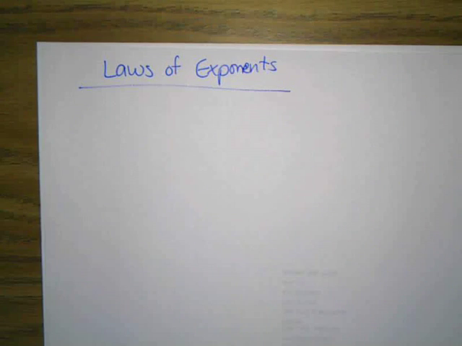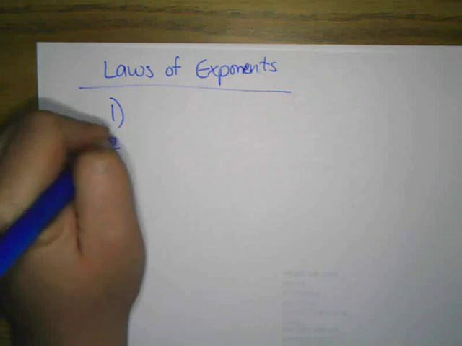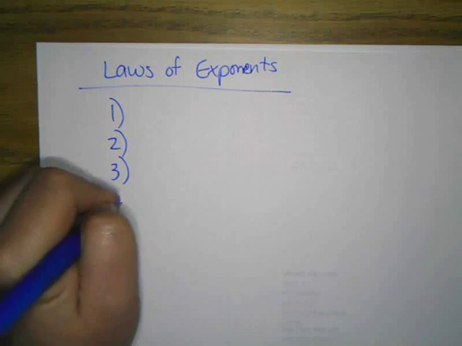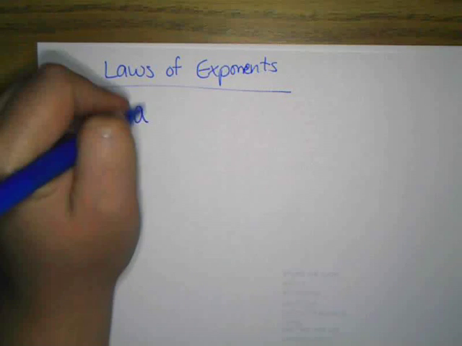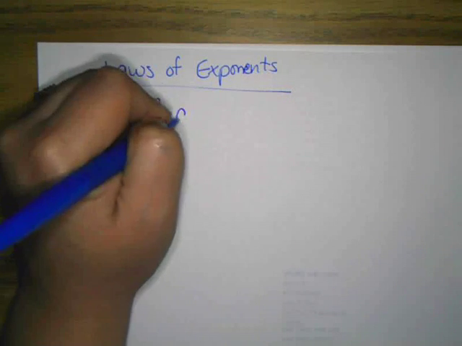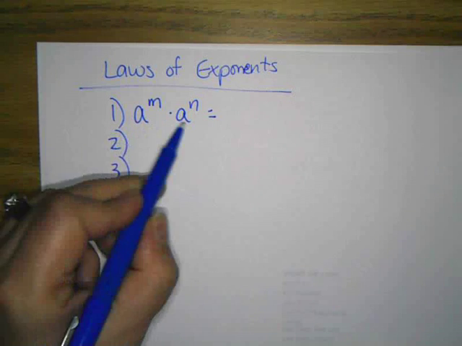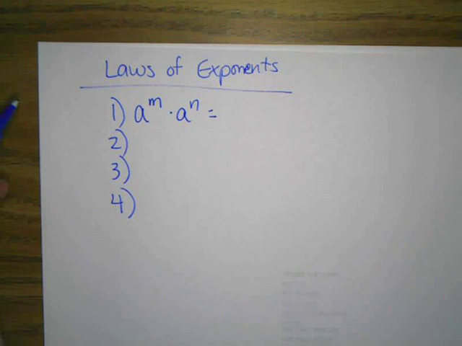Alright, this is important. You have used a lot of these without even knowing it, but these are the actual laws of exponents, so we need to make sure we get them down in our notes, and there's only 4 of them. If you have a to the m times a to the n, so you have the same base being raised to different powers, what do you do to the exponents?